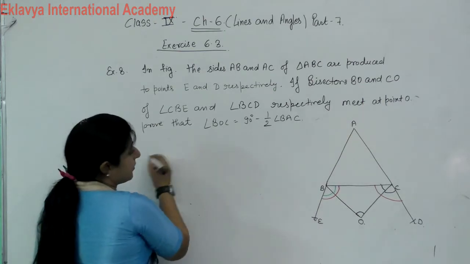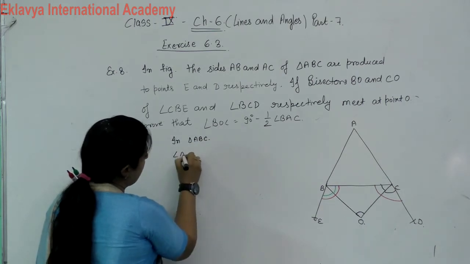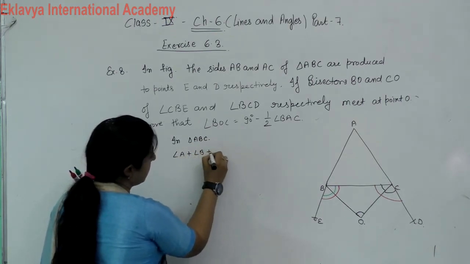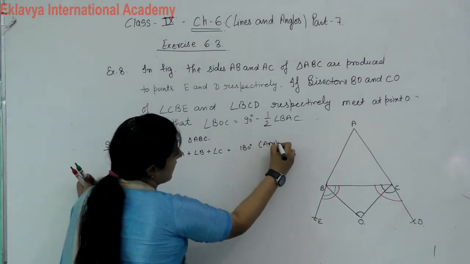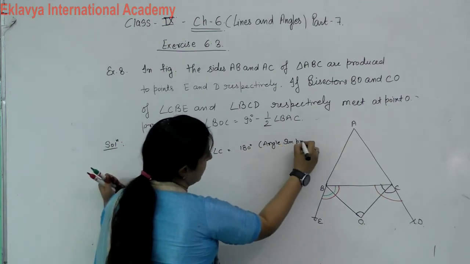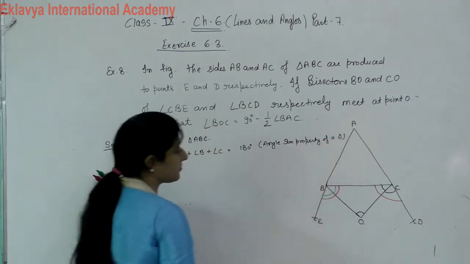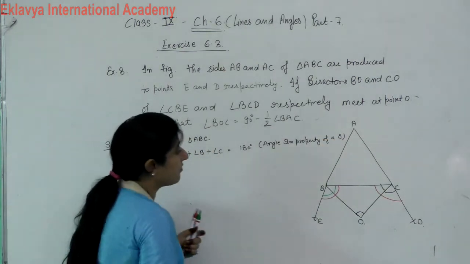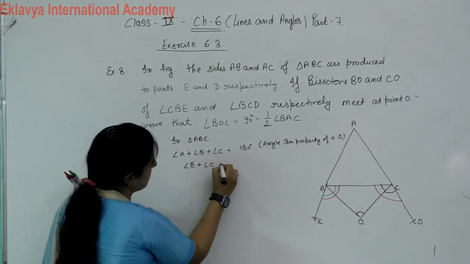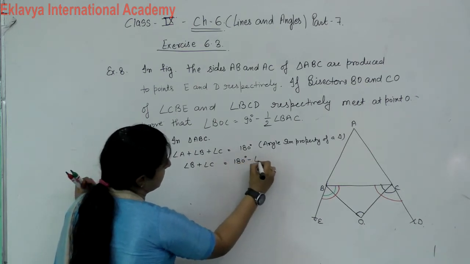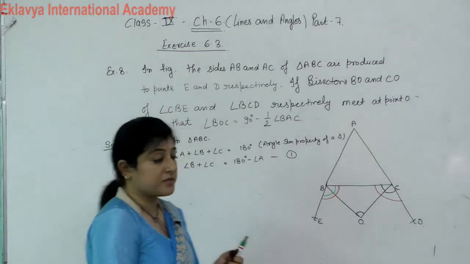See, by angle sum property in triangle ABC, we can write angle A plus angle B plus angle C is equal to 180 degrees. Then angle B plus angle C is equal to 180 degrees minus angle A. I give this as equation number first.